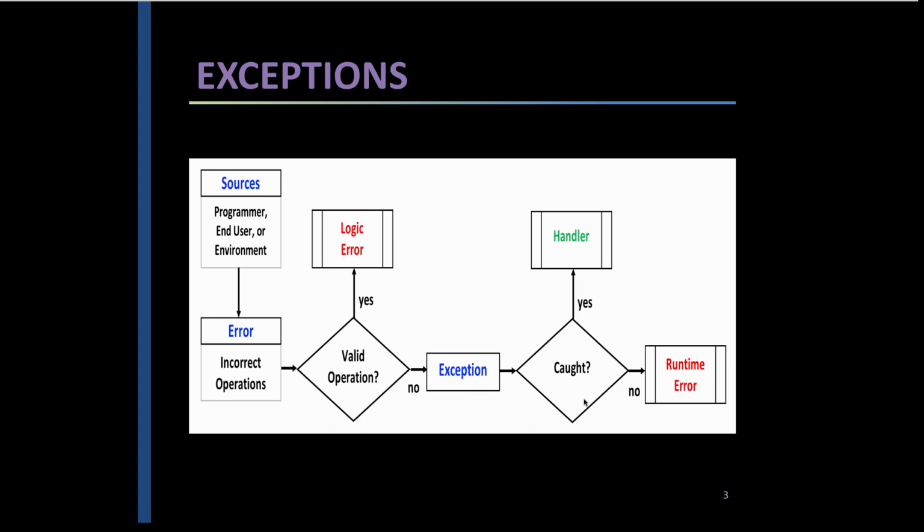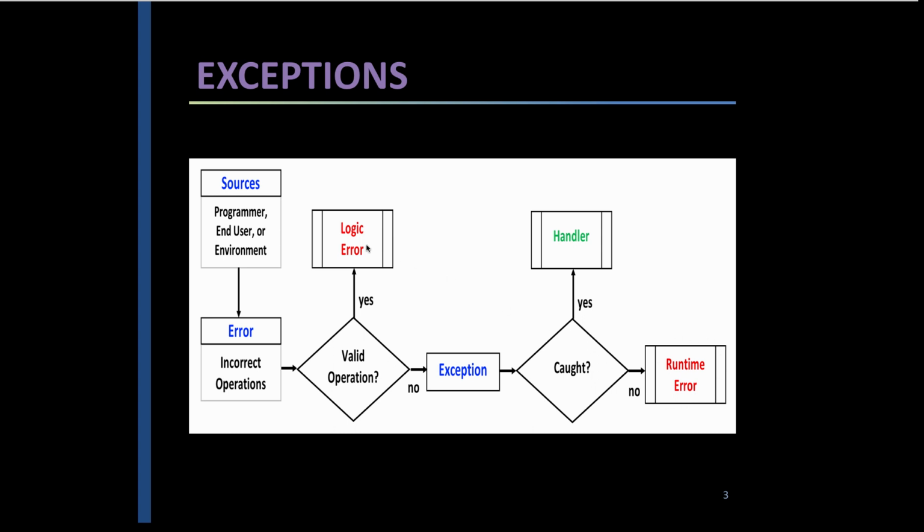In this case, if your program is not handling exceptions, or as they say, it doesn't catch the exception, then the operating system will indeed kick the program out of memory, take over, and produce a very generic message, something like sorry or app stopped working. We call that a runtime error.